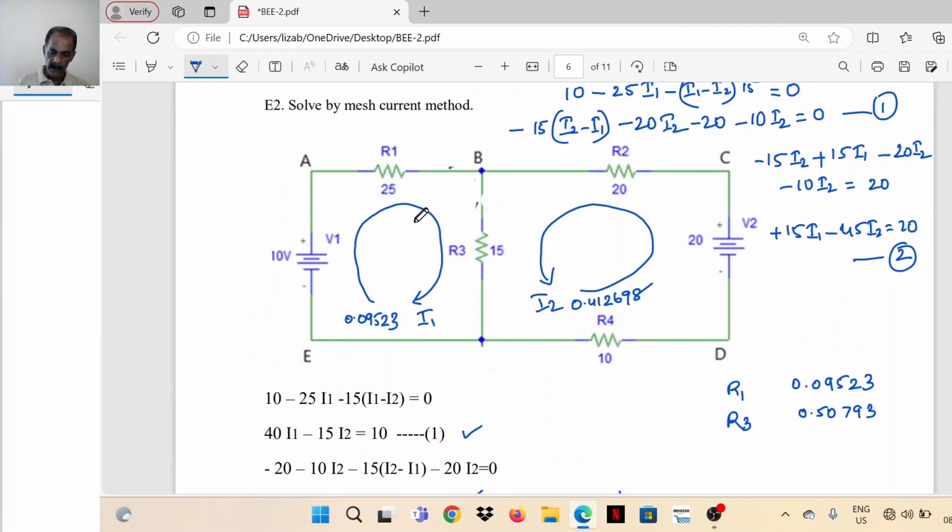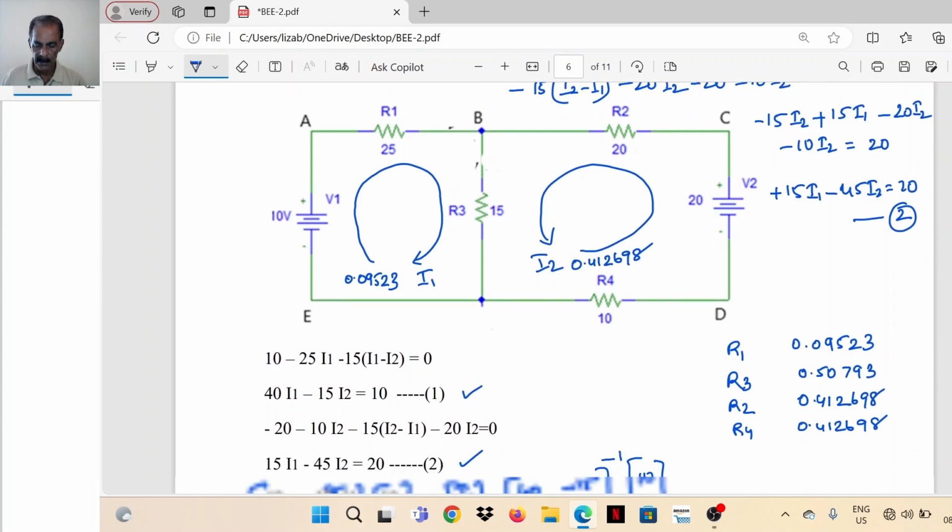Then the current through R2 is I2, 0.412698. The current through the 10 ohm resistor R4 is also 0.412698. We got all the currents. There are only four resistors, R1, R2, R3, R4, and we got the current through all of these elements.